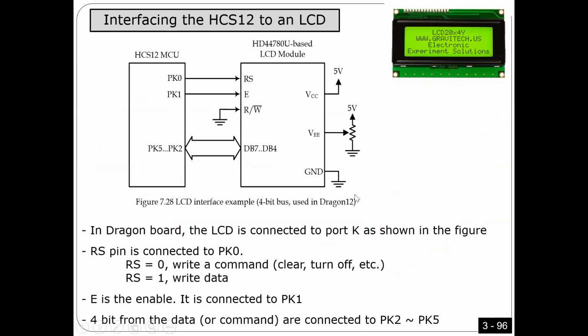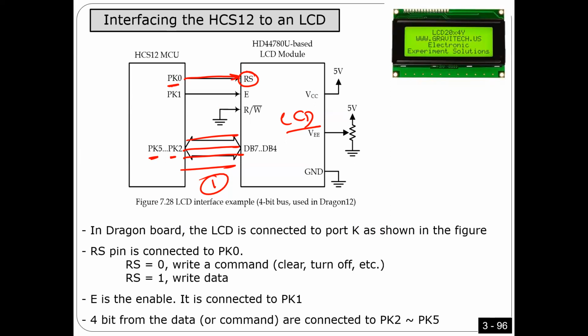Again, as you see here, guys, I connected 4 pins, PK2 until PK5, to the LCD. This is number 1. Number 2, I'm going to PK0: only 1 pin is connected to RS. How can you use this pin?